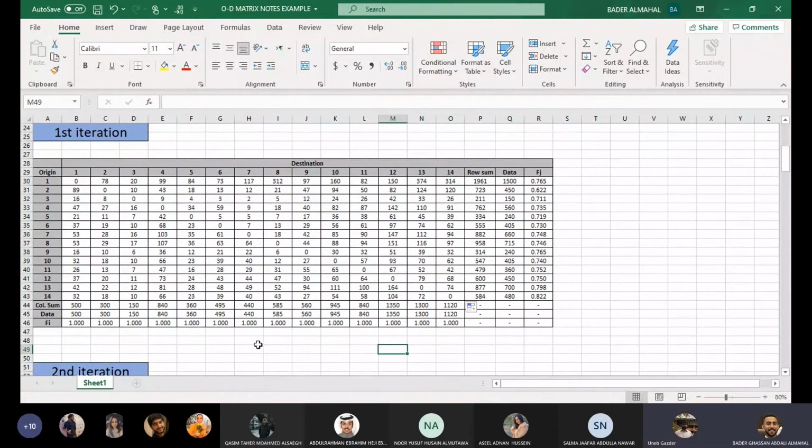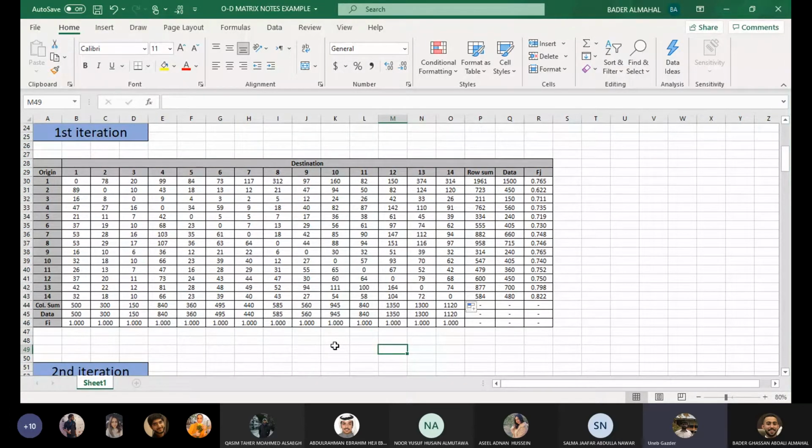Okay, good. So they are exactly 1 now. Yeah, that's what should happen. And then you do another iteration for the rows.